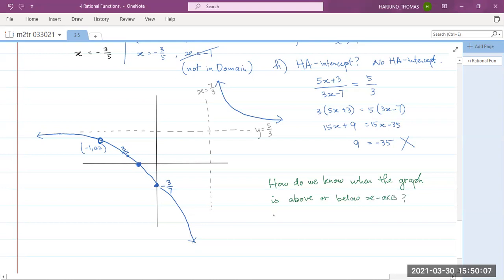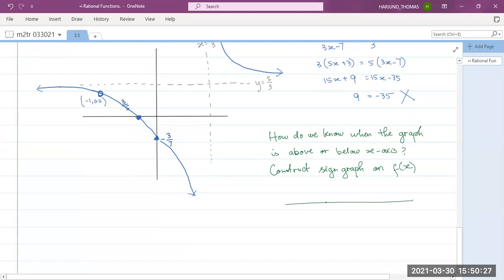You construct a sine graph on the rational function, in this case on f(x). We have a hole at -1 and critical numbers 0 at 3/5. You can show the details later on, but it will look like this.